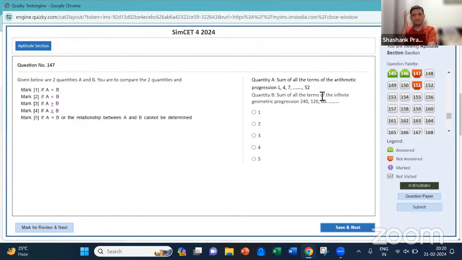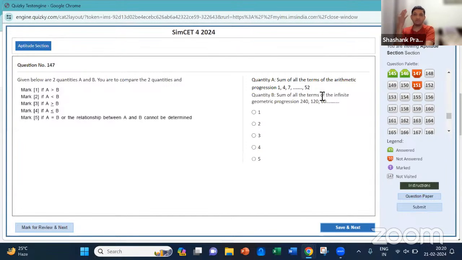So basically gap is 51. 3 का gap है 17. So 18 terms in total. 18 into 53 by 2. 9 into 53. 530 minus 53. 477. First wala is 477. And second wala is 477. I need to memorize 477 somehow.